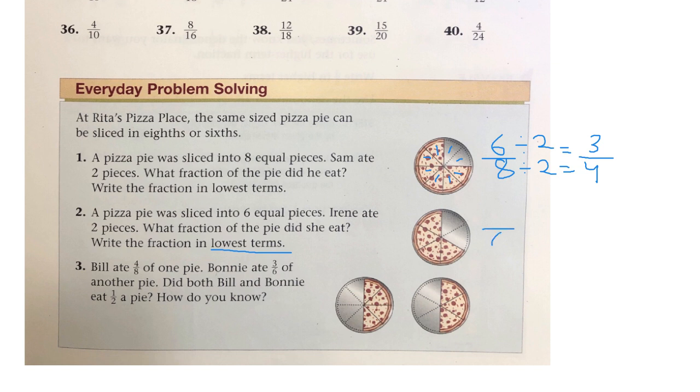So it told us we had 6 pieces, she ate 2. We can see that means she has 4 left. And we can again divide by 2. And we'll get 2 over 3 this time.